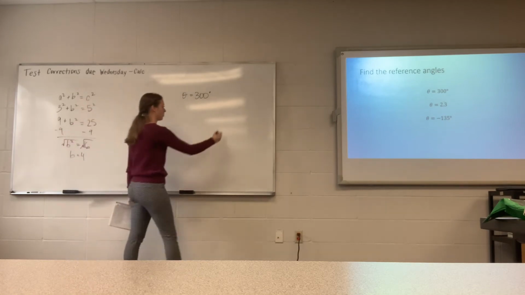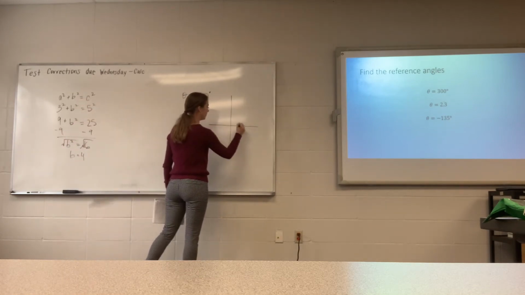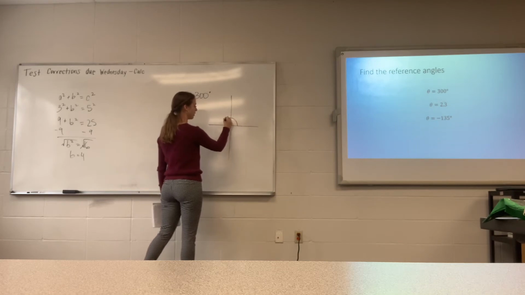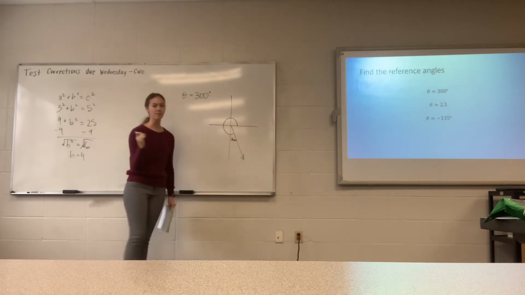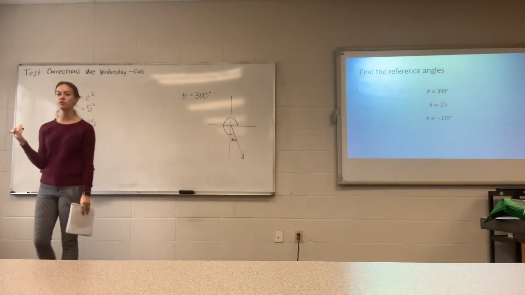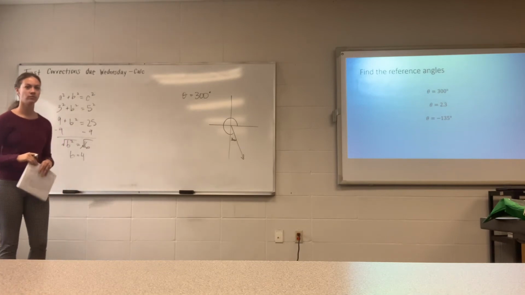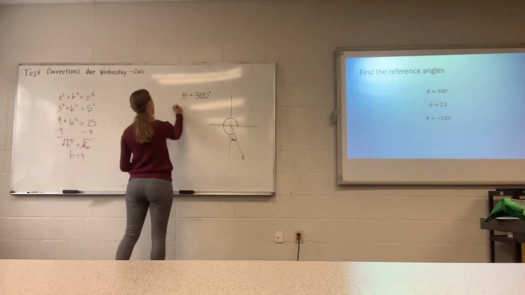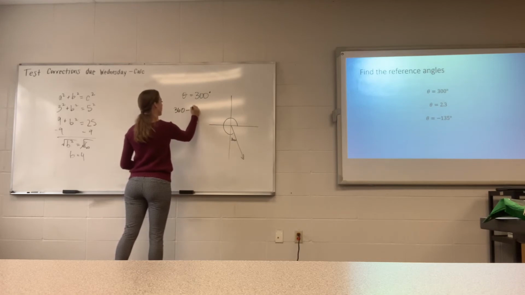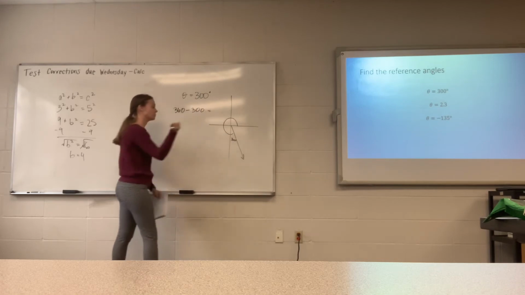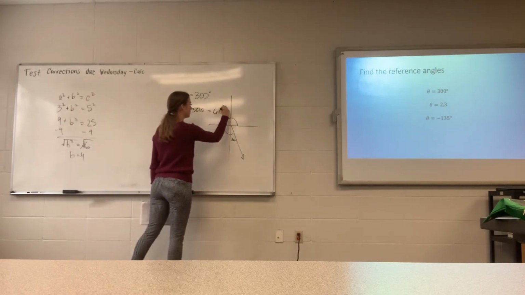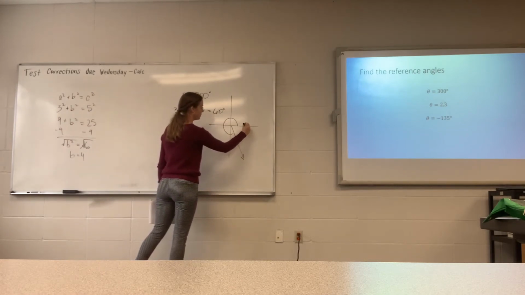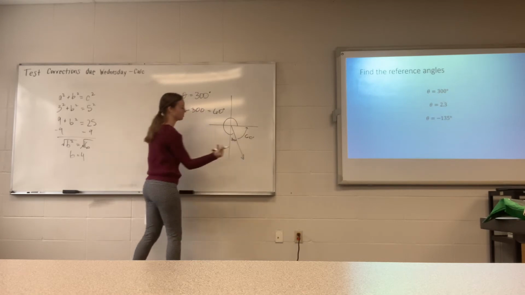Yeah, the fourth quadrant, because if I start here, it's positive, so I'm going around this way. 270 is here, so it's probably right here. That was 300 degrees. If I'm in the fourth quadrant, what's my equation for figuring out my reference angle? 360 minus x. Yeah, 360 minus my angle. So what would that give me? 60. Yep, so my reference angle is 60 degrees. From here, it took me 60 degrees to get back to my x-axis.